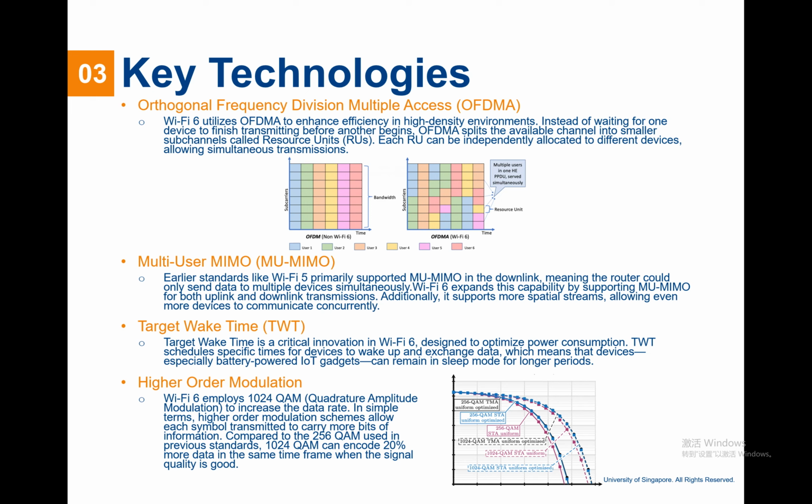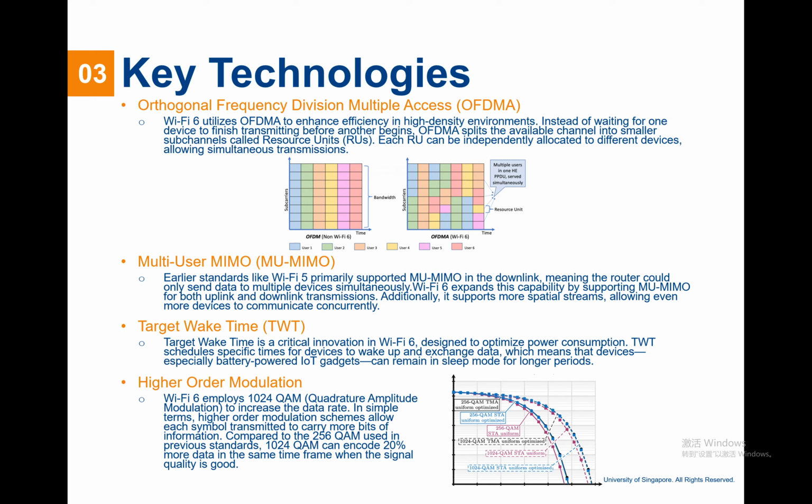For multi-user MIMO, one of the notable improvements in Wi-Fi 6 is the advancement of MU-MIMO technology. Earlier standards like Wi-Fi 5 primarily supported MU-MIMO in the downlink, meaning the router could only send data to multiple devices simultaneously.